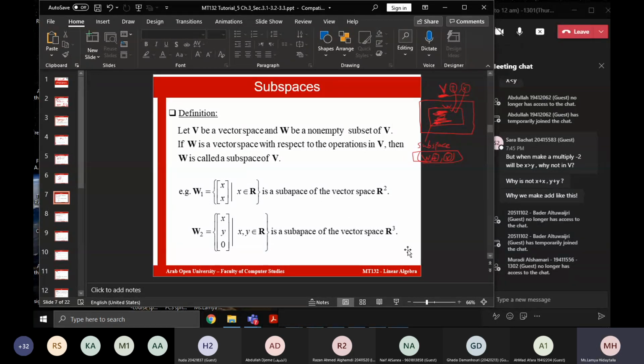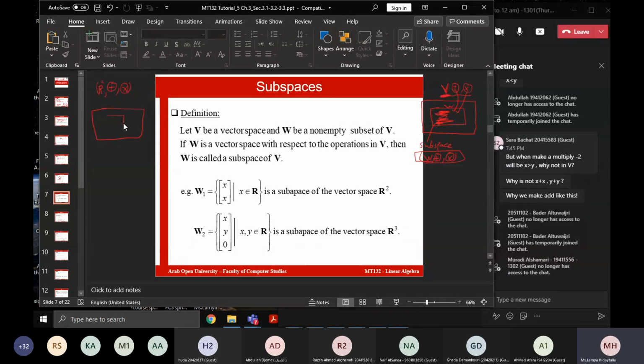For instance, if we take R2 with the standard addition of vectors and scalar multiplication of vectors, we know that this is a vector space. This is my big vector space. Now, what if we took part from it? This part is W1. What are the elements that I'm taking from R2?